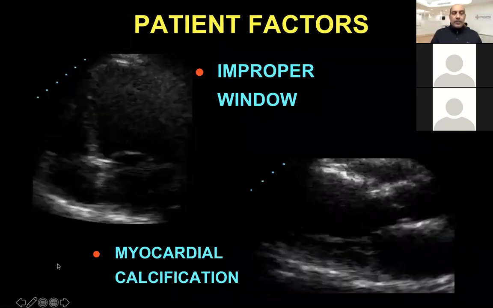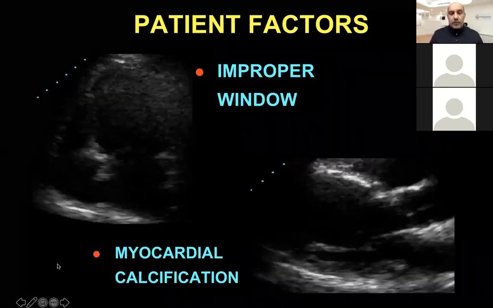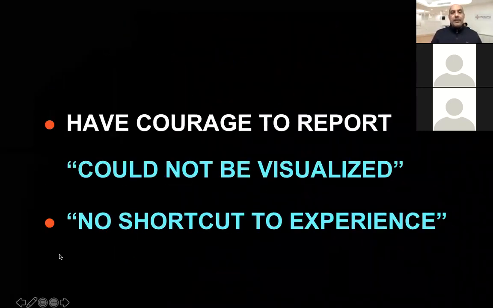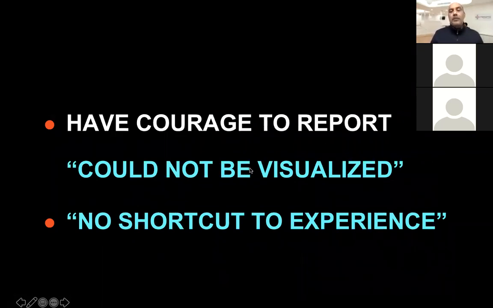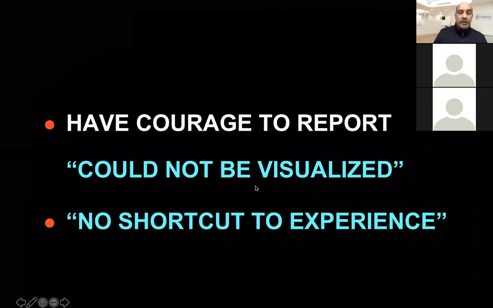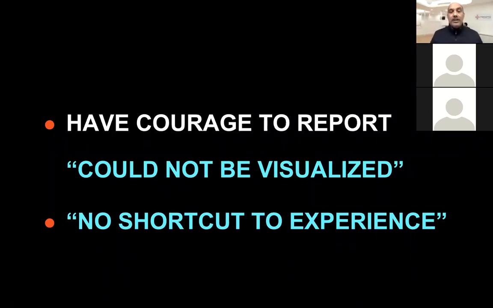I think the best part of us would be to be able to claim that we are not able to visualize a particular segment and we cannot report on the ventricular function, rather than report it wrongly. Somebody else can do it by some other method, maybe MRI or maybe a transesophageal echocardiogram and or contrast echocardiogram and get better information.